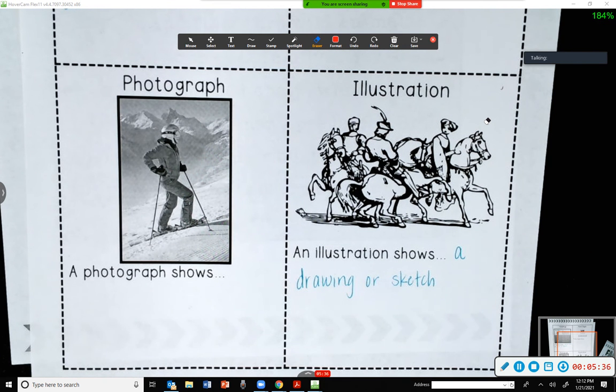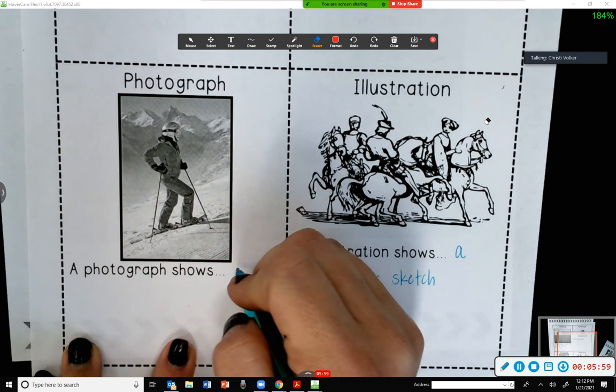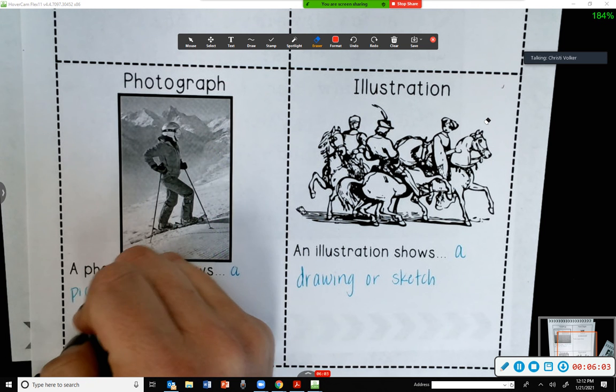Okay. Everybody got that? Okay. Oh, and we didn't write over here. A photograph shows an actual picture taken with a camera.